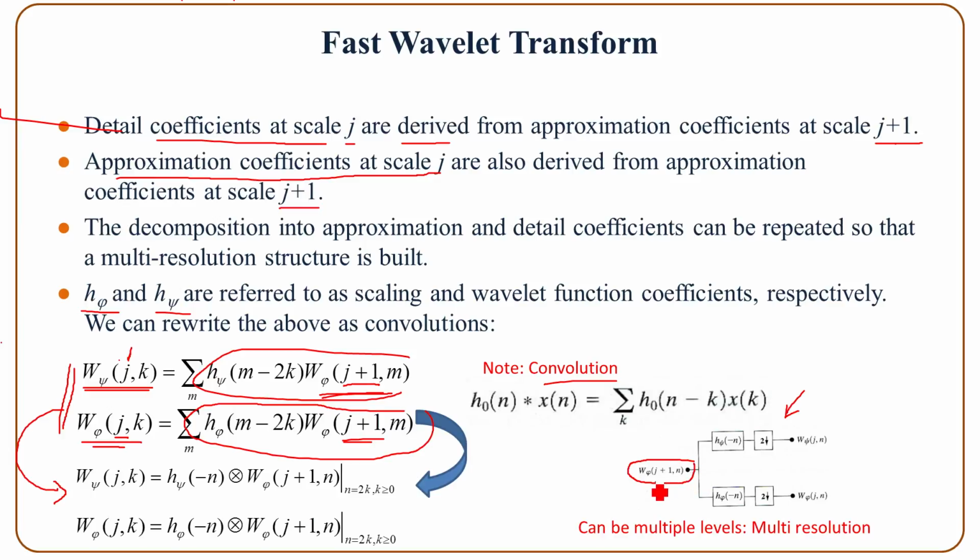The approximation coefficients are decomposed into the wavelet coefficients at level j and the approximation coefficients at level j, from the scale j plus 1.